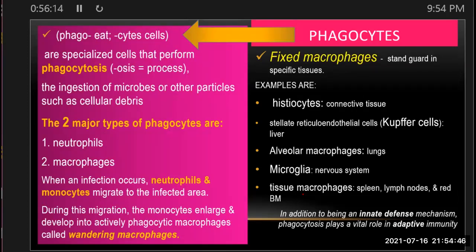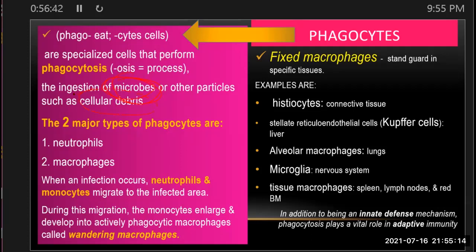We also have phagocytes. The most active phagocytes, FYI, are the neutrophils and the monocytes. There are special cells that perform phagocytosis, phago meaning to eat, and the suffix osis, the process. So it is the ingestion, engulfment of microbes and other particles such as cellular debris.